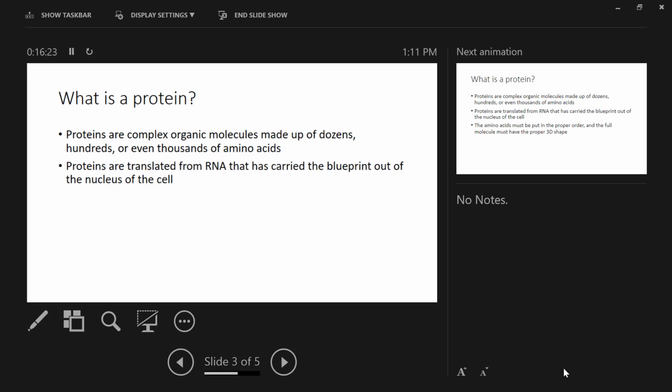Okay? Now, proteins are translated from RNA, which is another type of nucleic acid. So DNA is a nucleic acid that never leaves the nucleus. Proteins are translated from a different type of nucleic acid that carries that information out of the nucleus of the cell.